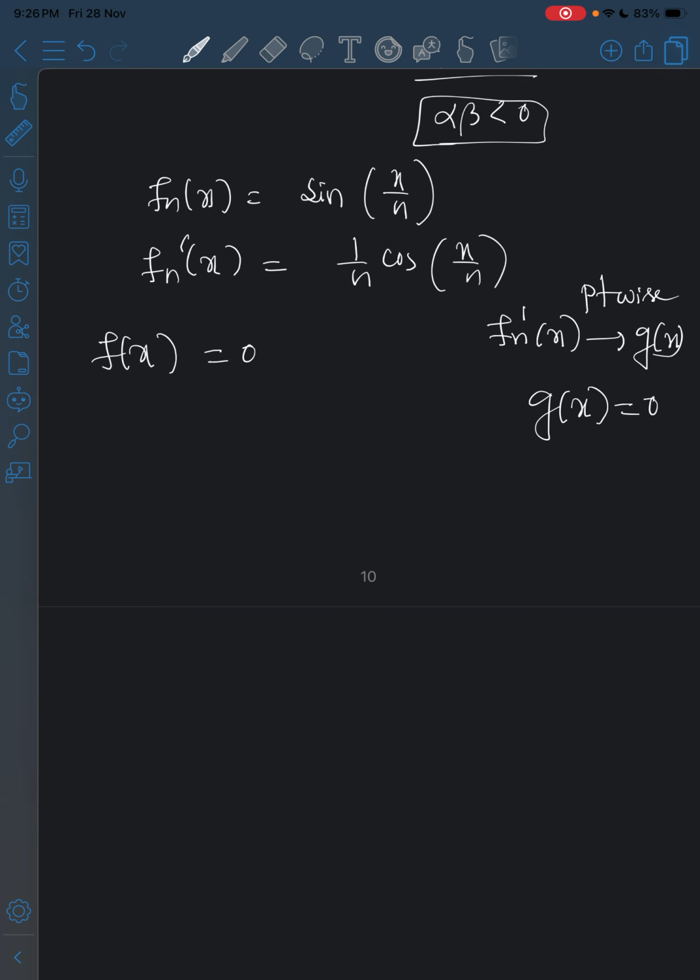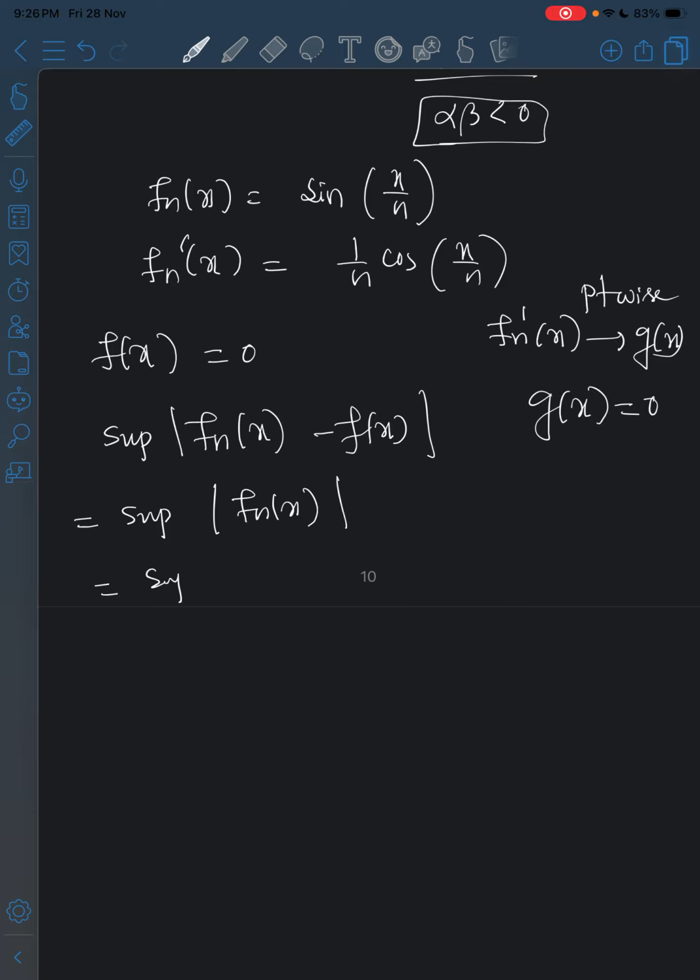So now sup of |fn x minus f x|, this is sup of |fn x minus 0|, which is sup of |sin x by n|. If you take x equal to n pi by 2, then this is 1, so this sup is actually 1, not equal to 0. So convergence is not uniform.